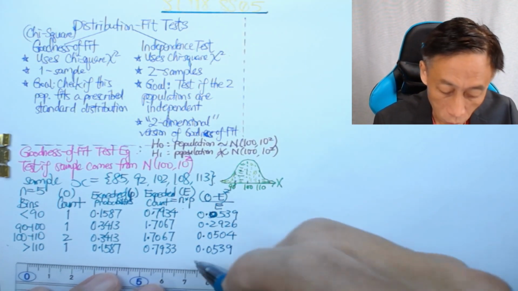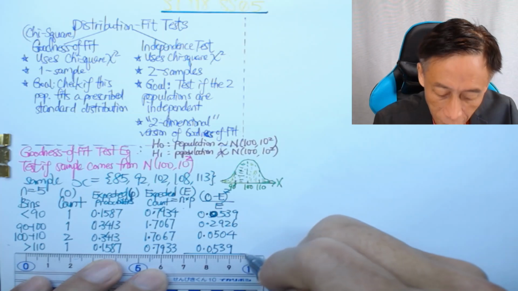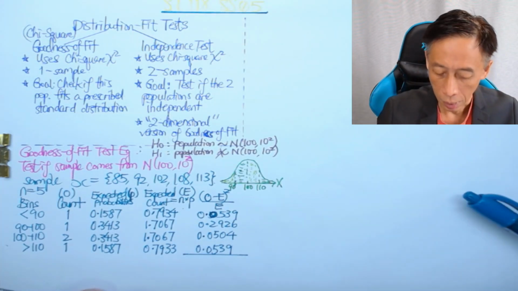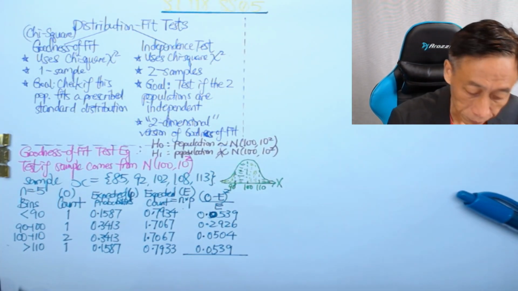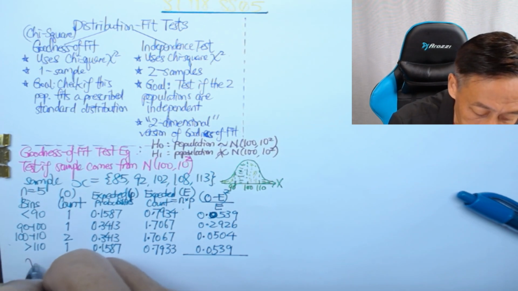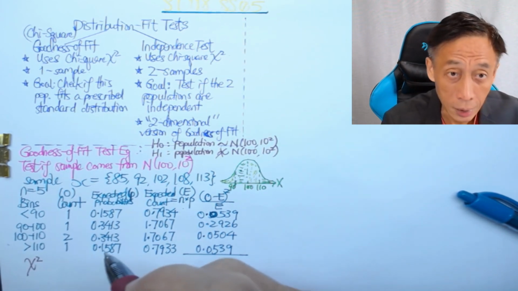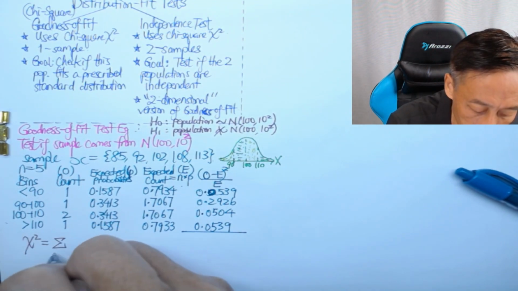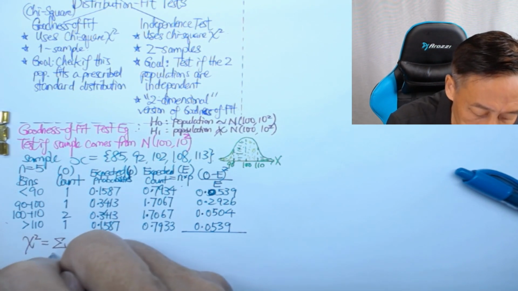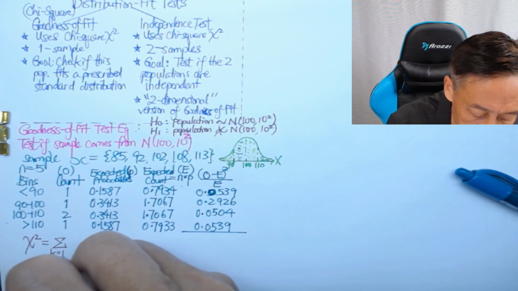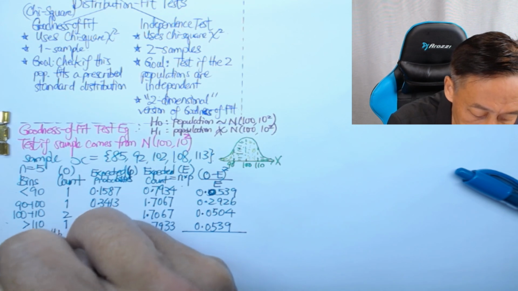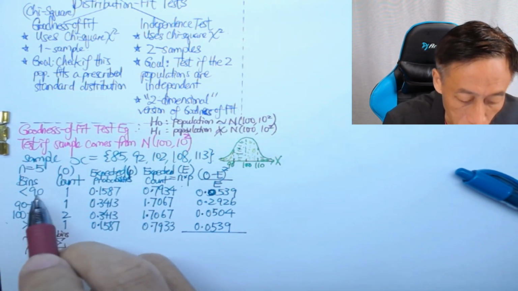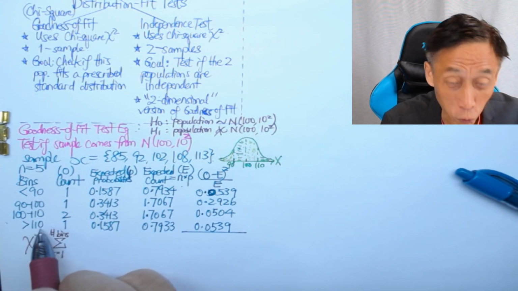Okay, so final tally is that our chi-square test statistic is the chi-square symbol, right? So chi-square is the sum of all the bins, I in the number of bins. So we have 1, 2, 3, 4. So 4 bins.